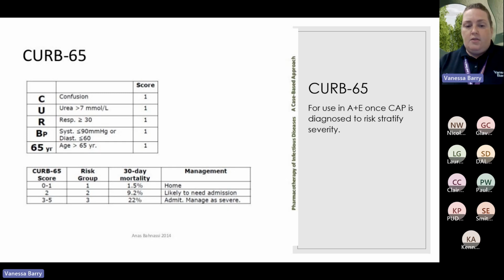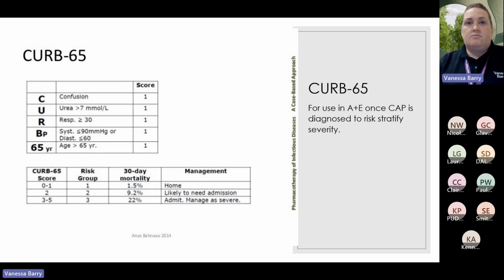Now, we look at the risk groups based on this, and then we can look at appropriate management for the patients. So from a virtual ward perspective, we would be happy to accept somebody with a score of 0 to 1. Now sometimes that might not fit the picture. Somebody might be scoring a 2 in the community, and we can support with that. We might be able to manage that, but it would be discussed on a case by case basis, and it just takes a phone call to the clinician on call that day.